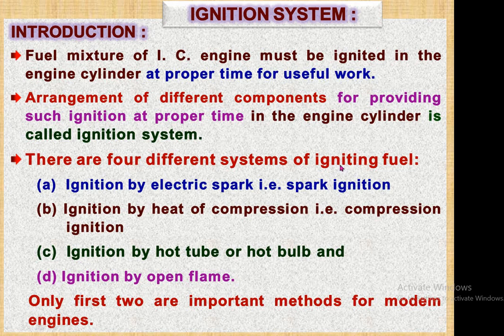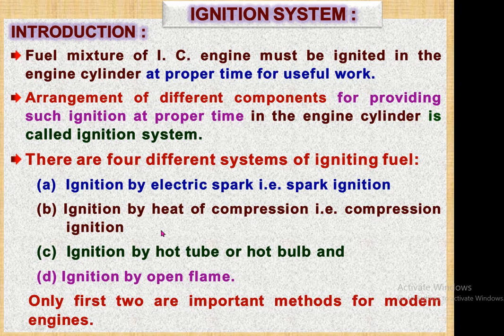There are 4 different types of igniting fuel. Means in 4 different fashions we can ignite the fuel inside the cylinder at the proper time for producing power. First, or A, ignition by electric spark. That is the spark ignition system. Then second, or B, ignition by heat of compression. That is compression ignition.